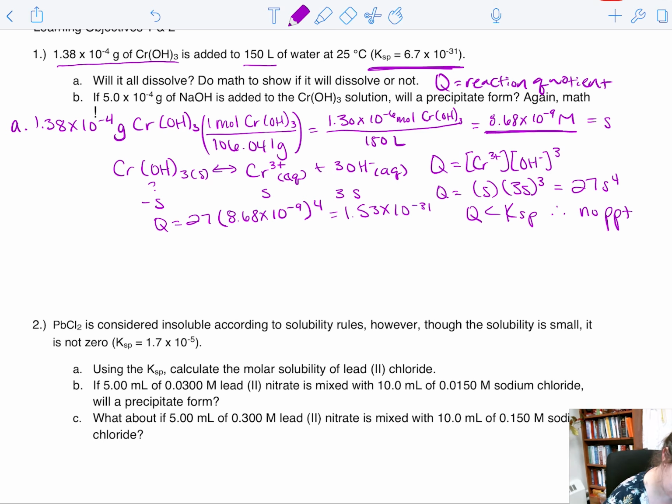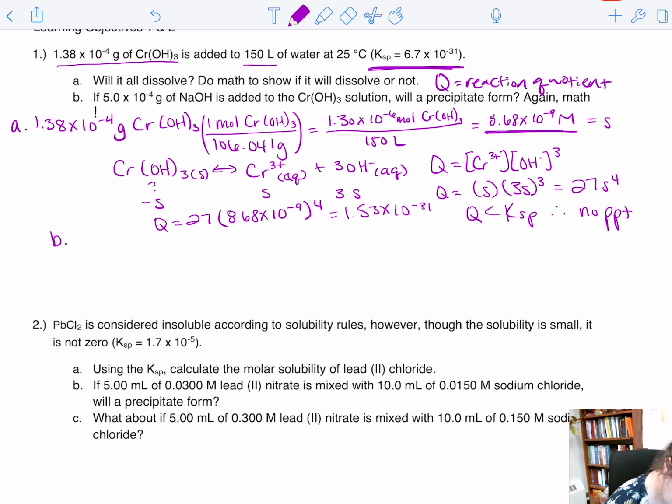Let's try again, but this time we have a concentration of hydroxide in here, which comes from our sodium hydroxide. When sodium hydroxide dissolves, it completely dissociates into sodium ions, which do nothing, and then hydroxide ions, which, due to the common ion effect, will cause a lower molar solubility in our chromium hydroxide.